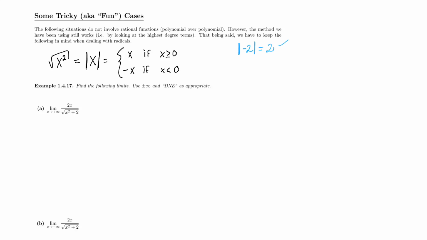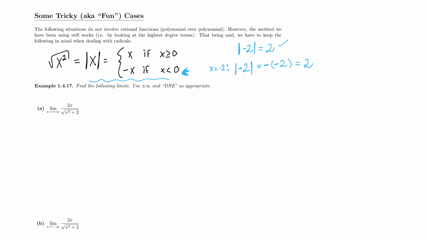So we know this is true. Now, if we use this function here, if we have the negative 2, in this case x is equal to negative 2. So we'd be using this bottom portion. This means it would be negative negative 2, which makes it positive 2.